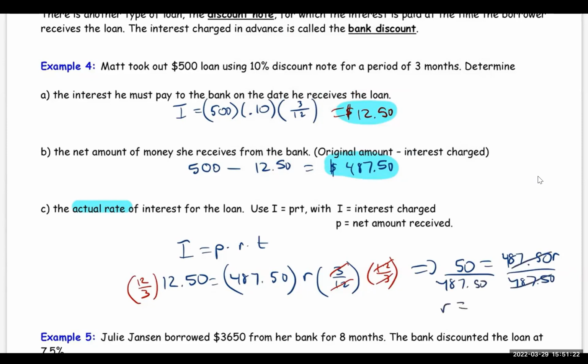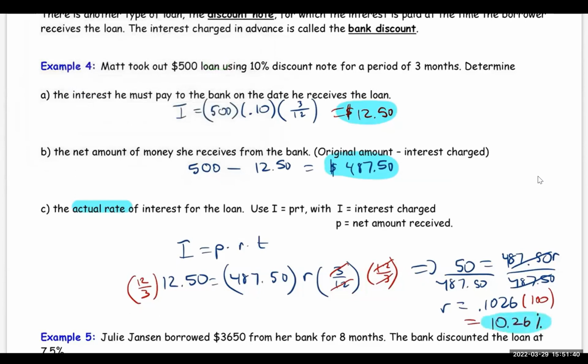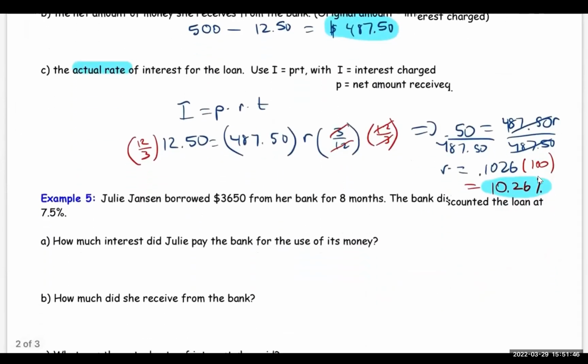So R is going to be 50 divided by 487.5, which is 0.1026. Don't forget to multiply by 100 to convert that to a percent, which is 10.26%. So that was the actual interest rate on the loan that he borrowed.